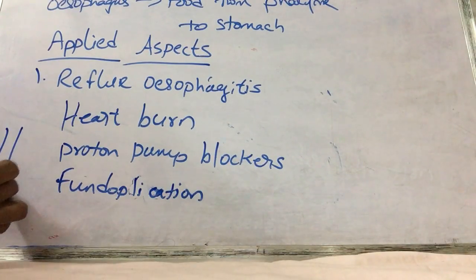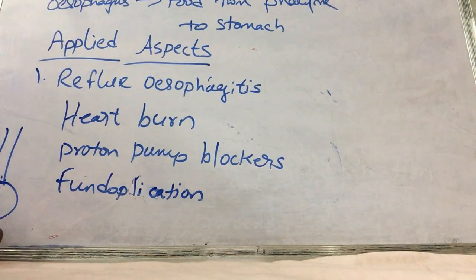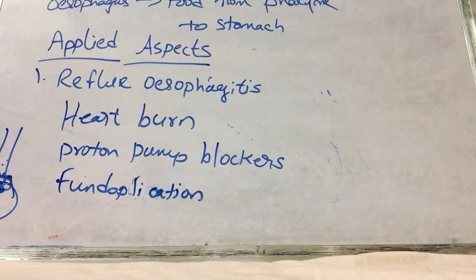That means the lower esophageal sphincter, which is present at the junction of the esophagus and the stomach, is wrapped inside the layer of the stomach and sutured, so that the lower esophageal sphincter is inside the stomach. So if it is inside the stomach, even if it is open, there is no chance of the contents of the stomach getting into the esophagus.